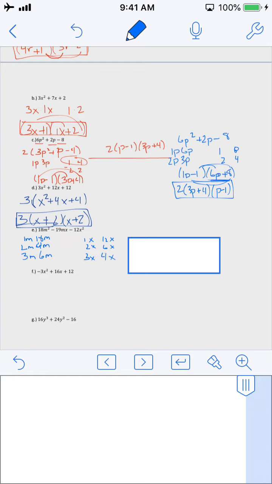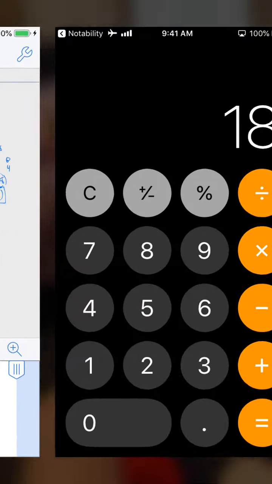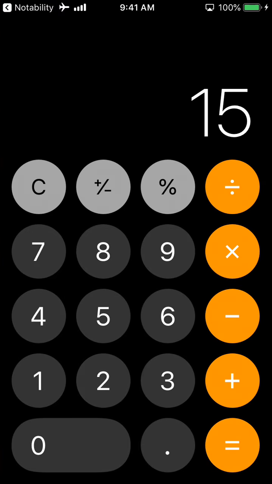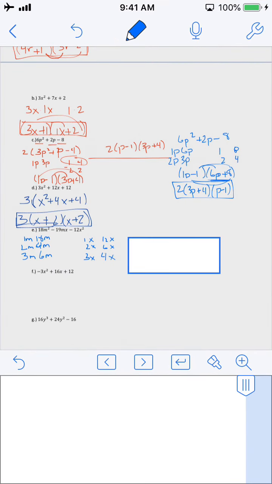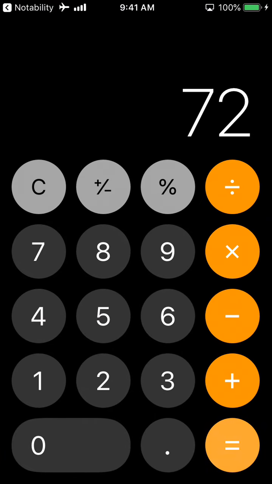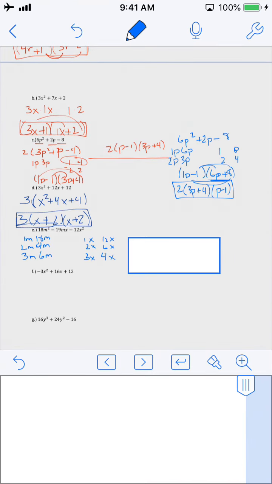24 and 9. It's 15. Closer. How about 54 and 4, 18 and 12? 18 times 4, nope, too much.